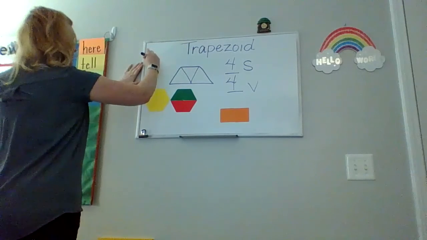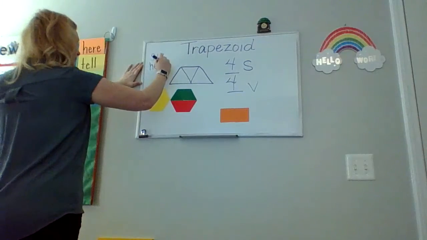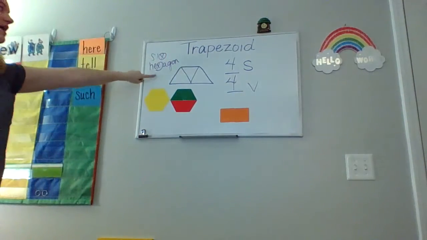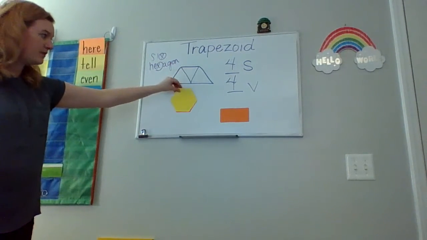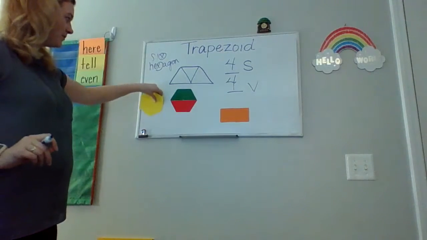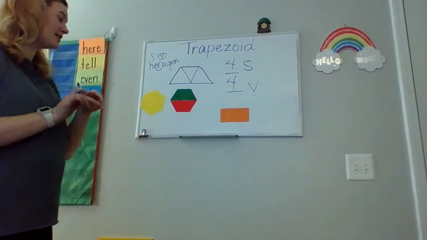Both the number 6 and hexagon both have X's in them. That's a way to remember. But yeah, this shape is this shape. Look, it fits right on it. So these are the same shapes. You could say 3 triangles and 1 trapezoid equals a hexagon.